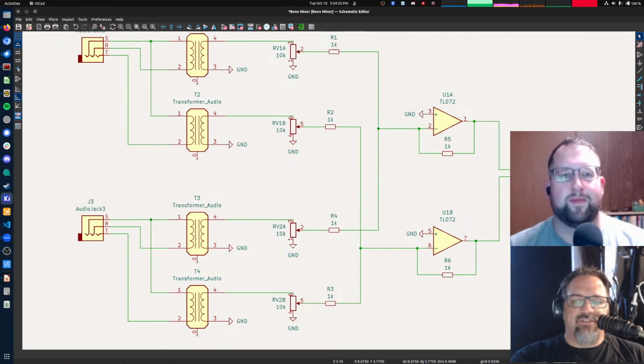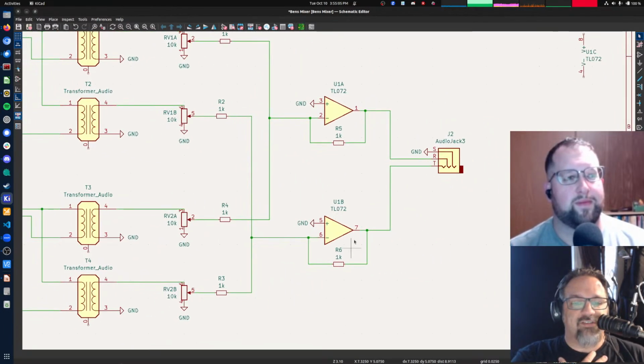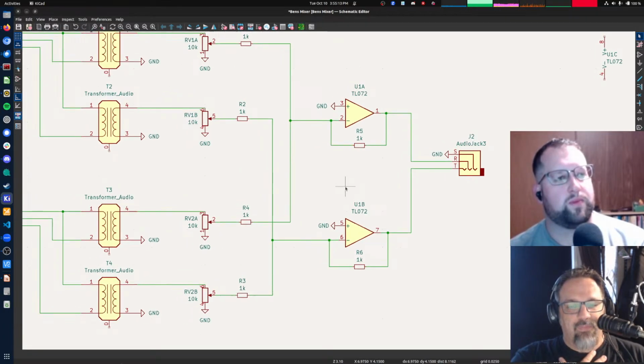So all I did was disconnect this connector from this node, and I inserted these op amps in between this bus here and the connector. And what the heck does that do?